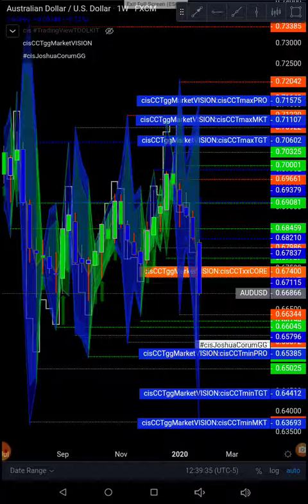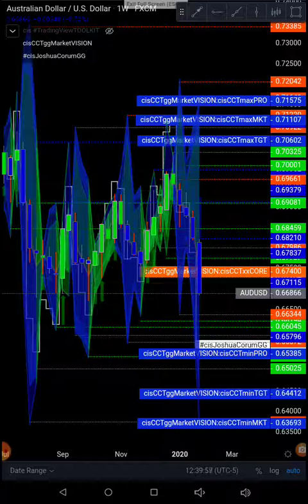So what that means is when you have the peak low in the upper zone of the CIS CCT GG Market Vision, that peak low reversal would be a buy level if it's in transition from blue to green or green to blue.